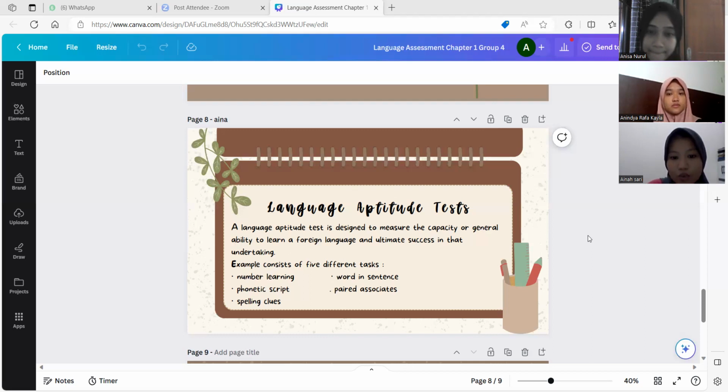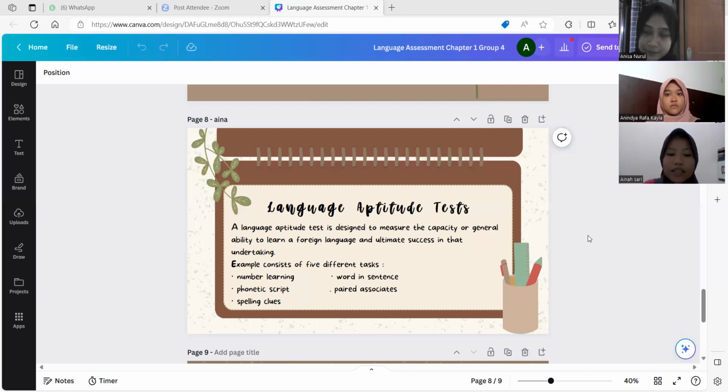And the fourth is words in sentences. In words in sentences, examinees are given a keyword in a sentence and are then asked to select a word in a second sentence that performs the same grammatical function as the keyword.